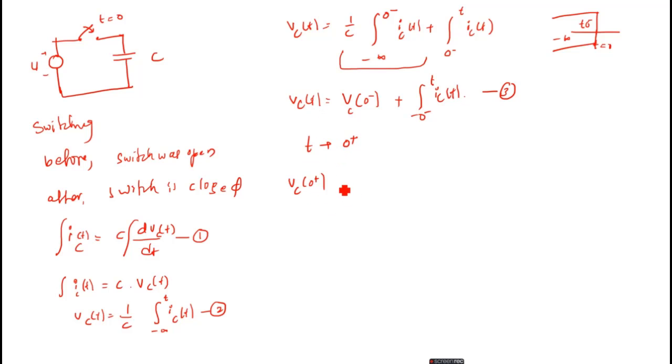Vc(0 plus) equals Vc(0 minus) plus the integration, with the limit replaced by 0 plus, of iC(t) from 0 minus to 0 plus. You can see here, this value is 0.